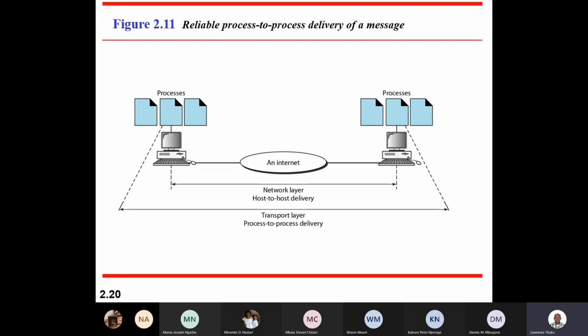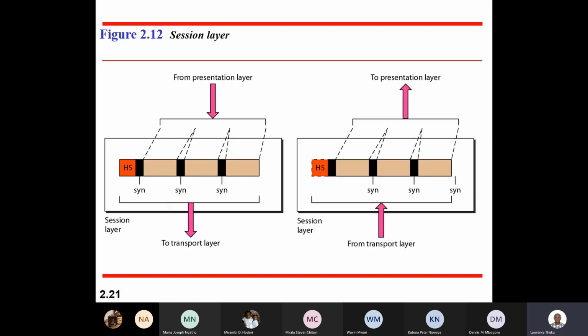So for any reliable process, you have to work with these two layers, especially the network layer and the transport layer, to ensure that the data is successfully transmitted from one level to the other. So in this case, it provides us with that connectivity. Then you have the session layer.